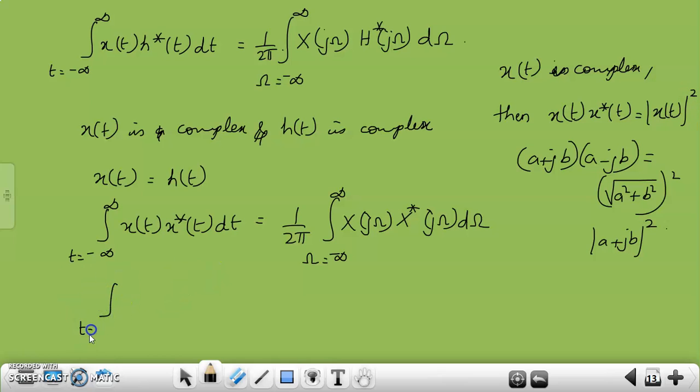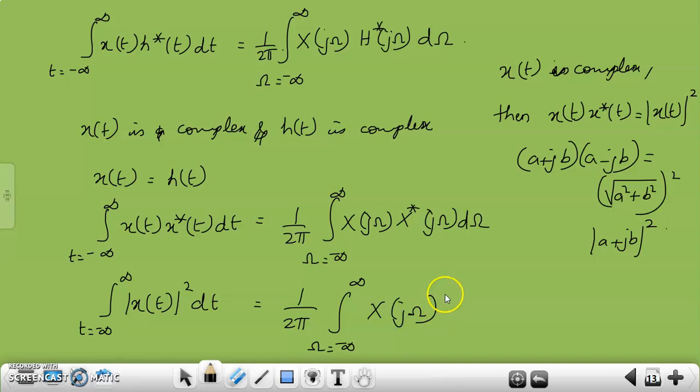So x of t into x star of t is actually mod x of t square, or I can rewrite the equation as integral over t from minus infinity to infinity mod square x of t equal to 1 by 2 pi integral over omega from minus infinity to infinity x of j omega into x star of j omega, which also changes to mod of X square d omega.